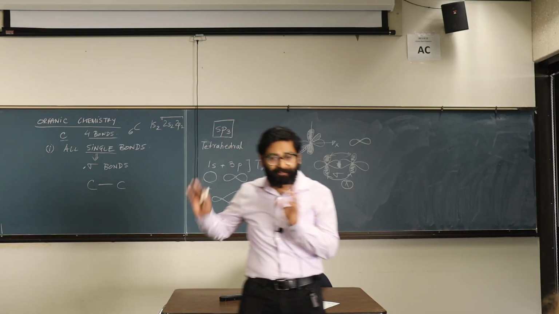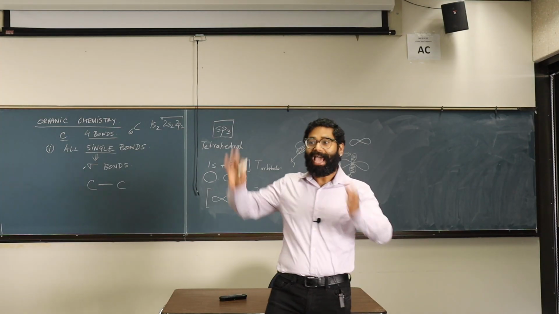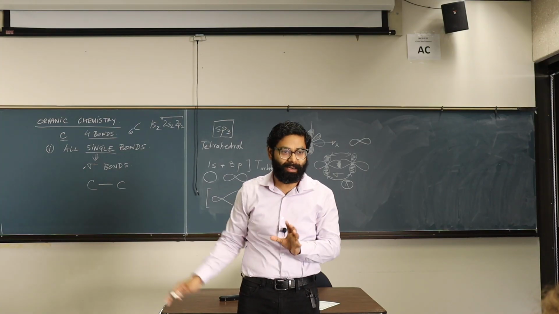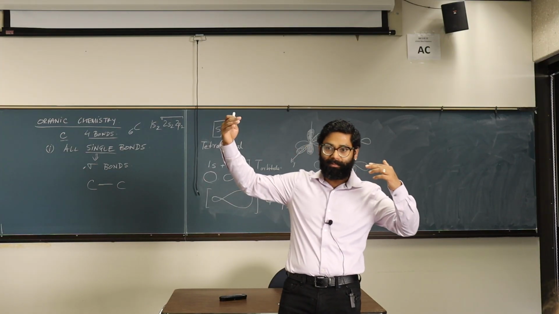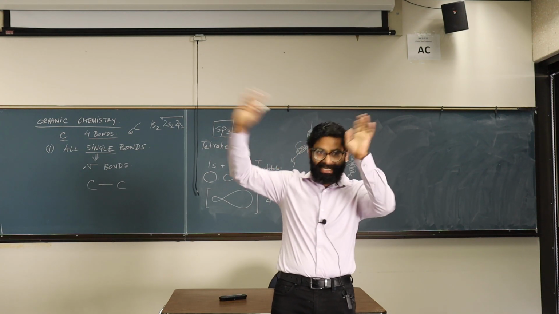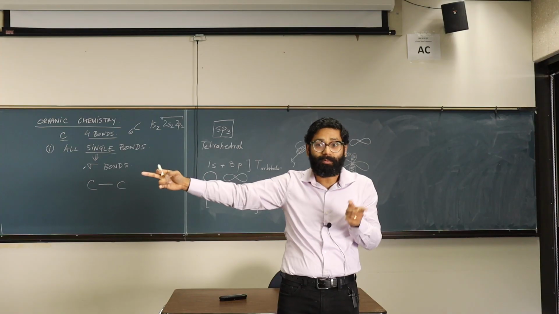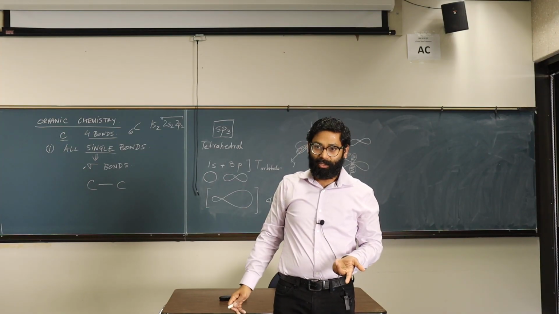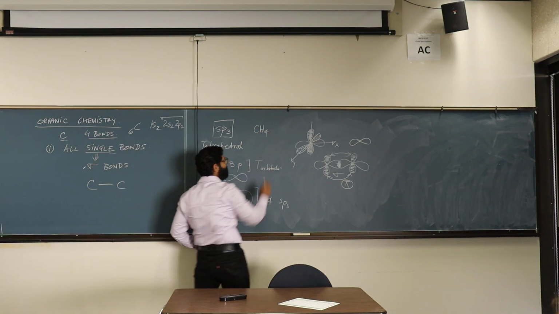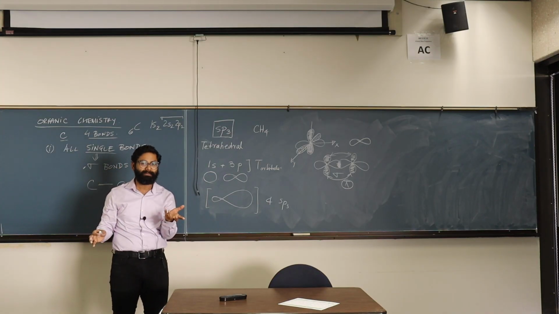Now, for the next bond, if there is an orbital available on that person and we can bond, but we are not able to come close enough to make a direct overlap, I will be interacting with that orbital, but not directly. So I will make a what bond? A pi bond. So when carbon is sp3 hybridized, for example CH4, all the bonds are single, so all these bonds are sigma bonds.